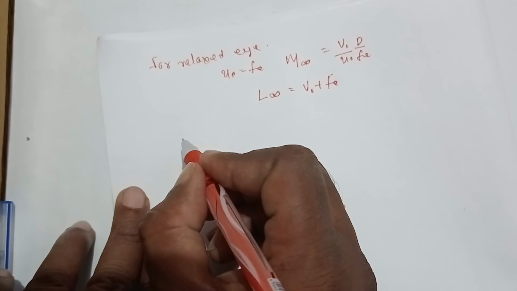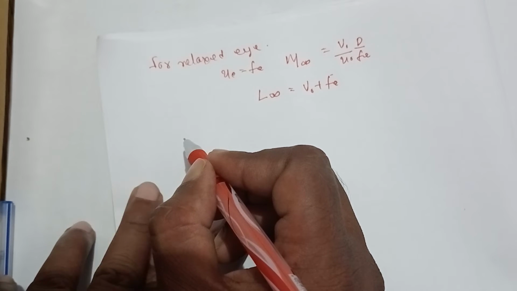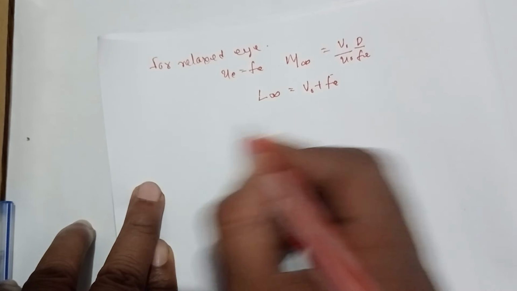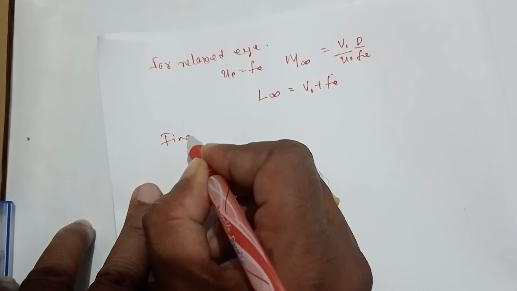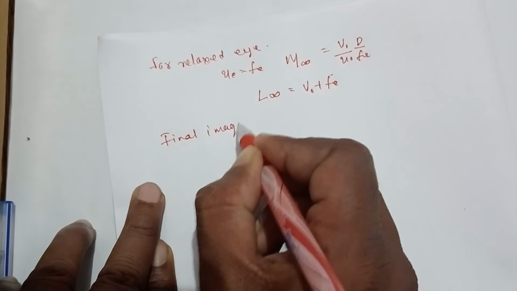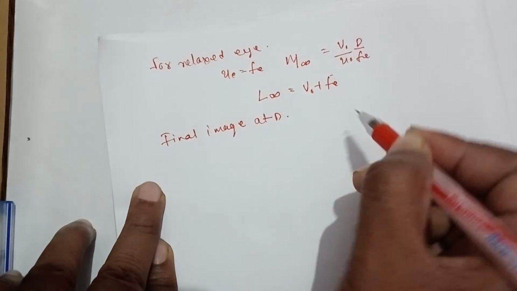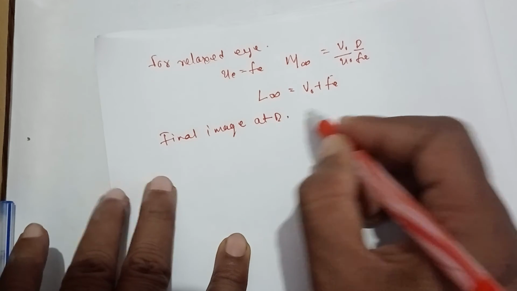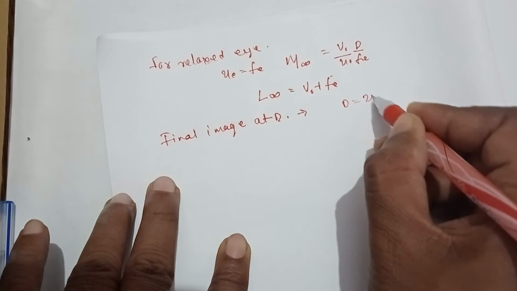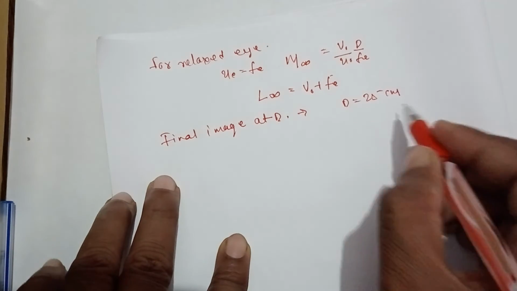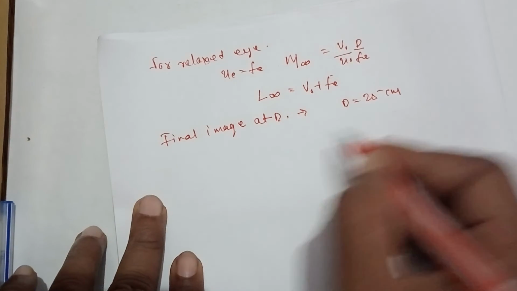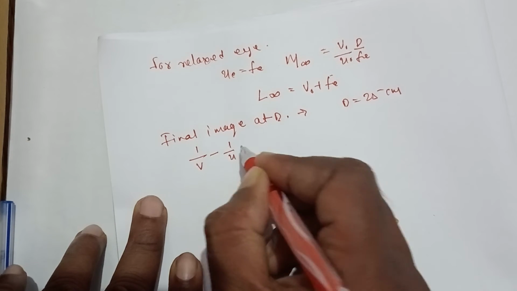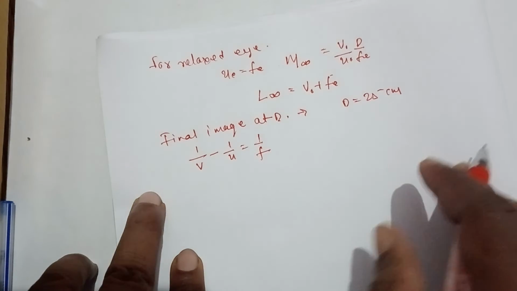But when the magnification is done on the basis of the final image formed at D, meaning the minimum distance of distinct vision, D is equal to 25 centimeter for a normal eye. For that we have to calculate using the lens formula: 1 by V minus 1 by U is equal to 1 by F, right?